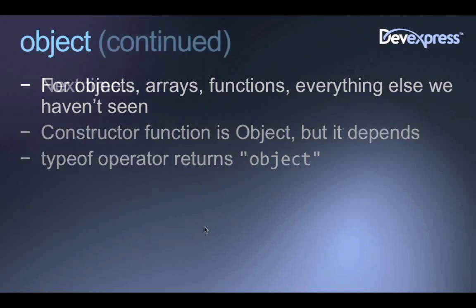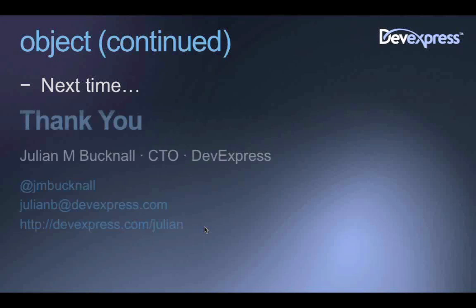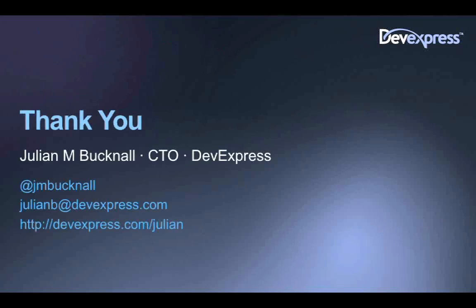That's all I really want to talk to you about objects, because the whole of the next webinar is about objects, where I will be discussing things like prototypal inheritance, because there are no classes in JavaScript, and so on and so forth. So at that particular point, we're roughly done for this particular webinar. We've looked at all 6 types.